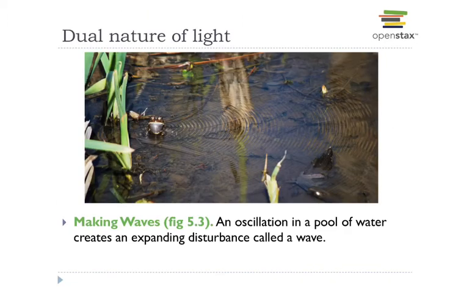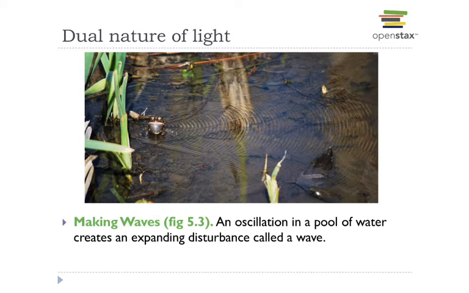So let's talk about the dual nature of light. Perhaps you've been by a still piece of water, a pond or a pool, and if you throw a pebble inside of it, it'll create ripples. Much like water, light also behaves with this dual nature.